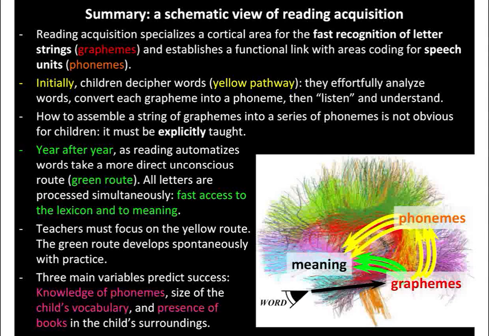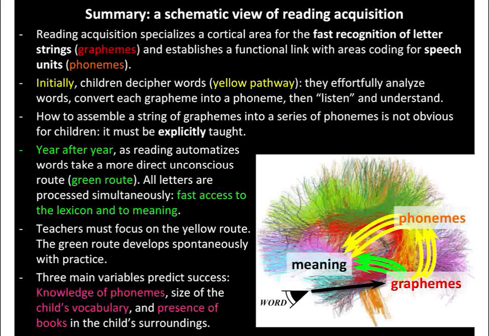It's important to notice for teachers that you don't need to explicitly train the green route. There will be self-teaching, self-training, exactly as was shown by Joe yesterday, as long as the child masters the yellow pathway, which is the decoding, and has the ability to convert what has been decoded into a lexical unit and a meaning. So this diagram, which is extremely simple, can also help explain what are the variables that will ultimately influence the child's ability to learn to read.